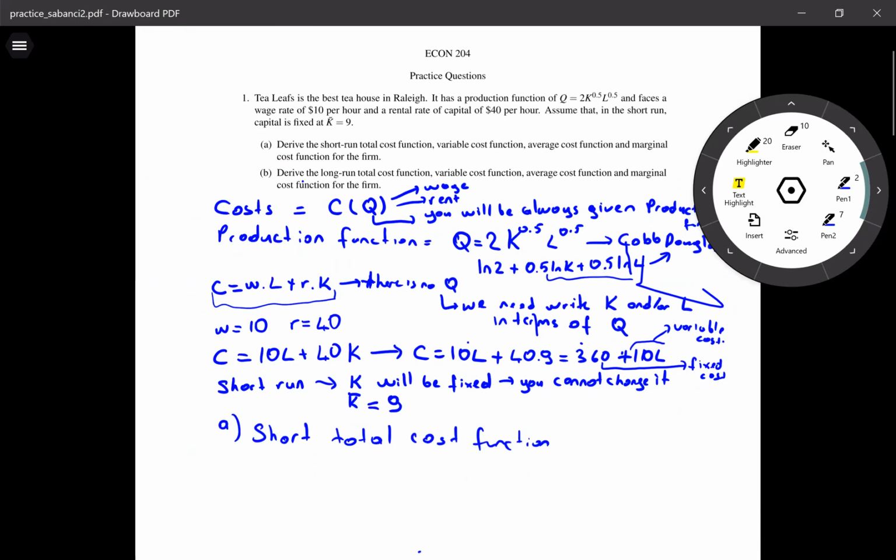Once we derive the total cost function, the remaining will be very straightforward. So how do we derive the total cost function?